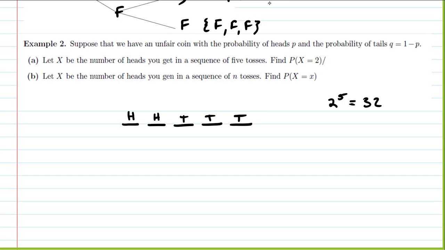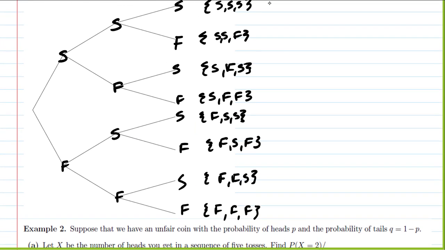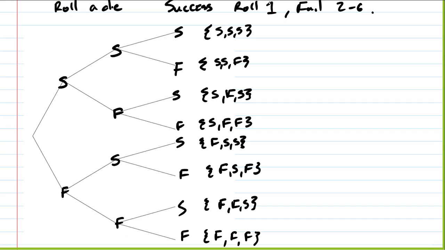But as we saw in some of our other examples up here, if I was only doing this 3 times, how many ways could I have gotten 2 successes? Well, I could have got them here, here, here, or, nope, that's it. So 3, right? There were 3 ways to get exactly 2 successes.